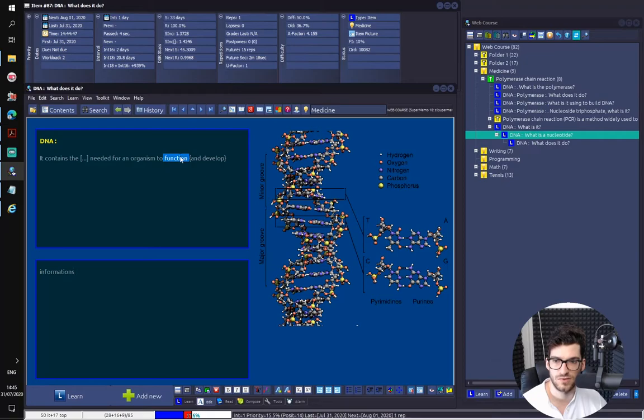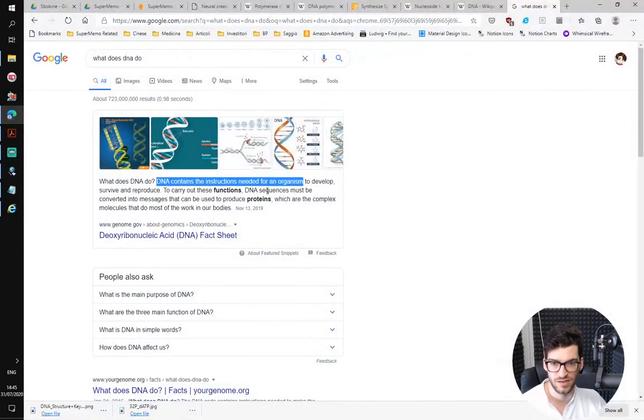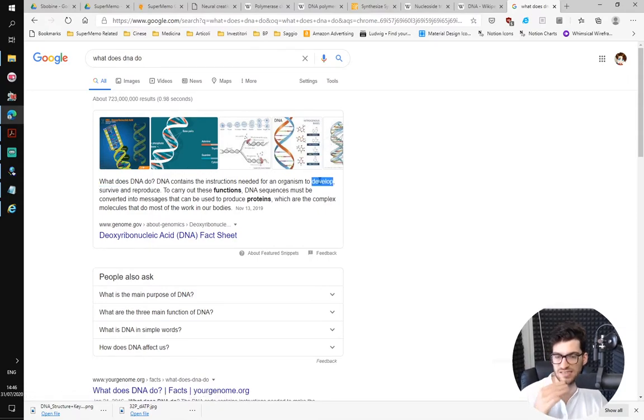Would you need to close this? Ideally, I guess. Ideally, if you want to go deeper, you have to close. You would have to make an item for develop, survive, and reproduce, and then dig deeper about these three. How does it do that? Otherwise, if you have too broad of a definition, it's bad. Why is it bad if we have too broad of a definition?